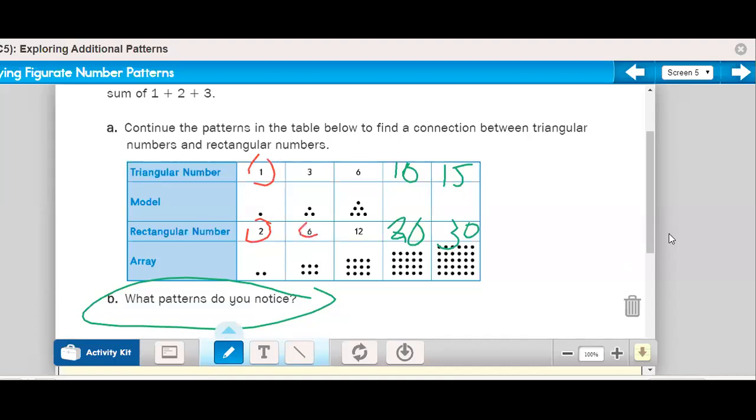Half of 6 is 3. So 6 divided by 2 is 3. Then half of 12 is 6. Half of 20 is 10. So just dividing by 2, 30 divided by 2 is 15.